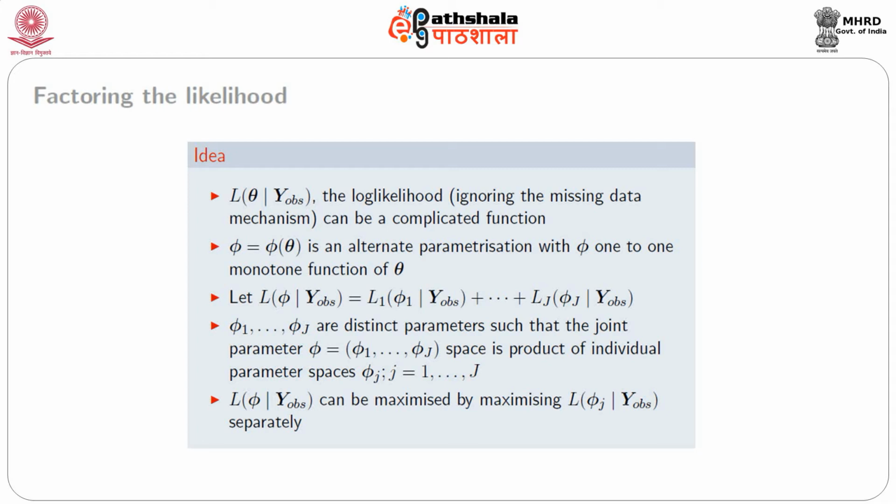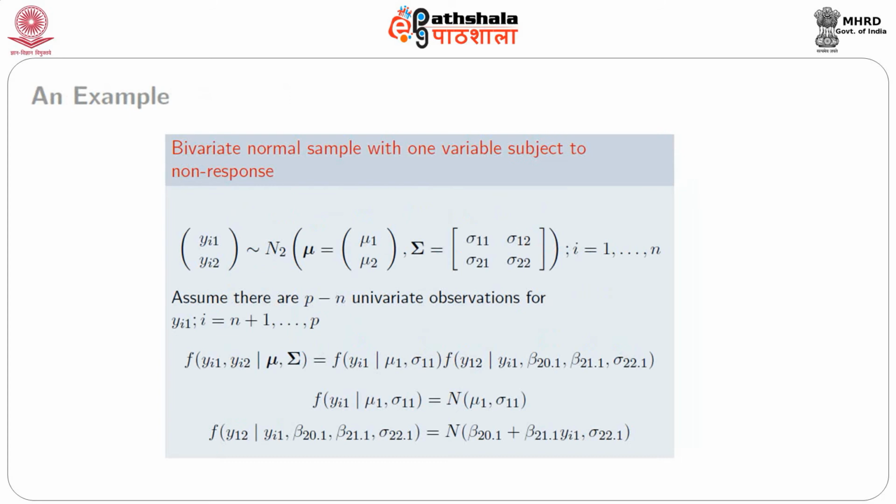So, instead of maximizing the entire likelihood, we can go for piecewise maximizations of parts of the likelihood. For example, we can maximize L1 phi 1 given y observed, L2 phi 2 given y observed, and so forth, and thereby maximize L phi given y observed.